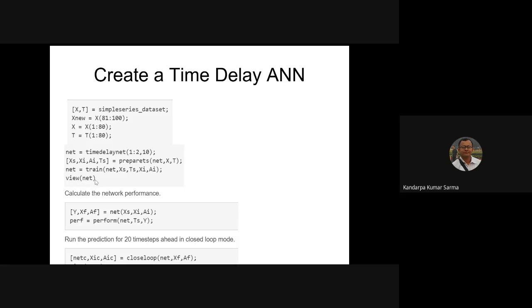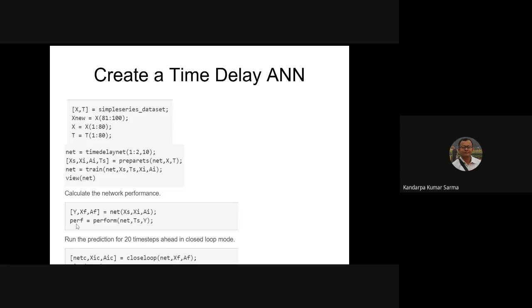Now we can view the network. Then we can also calculate the network's performance by the use of the perform function. So we give all those parameters that were derived from the preparation stage, and then we can find out the performance of the network.